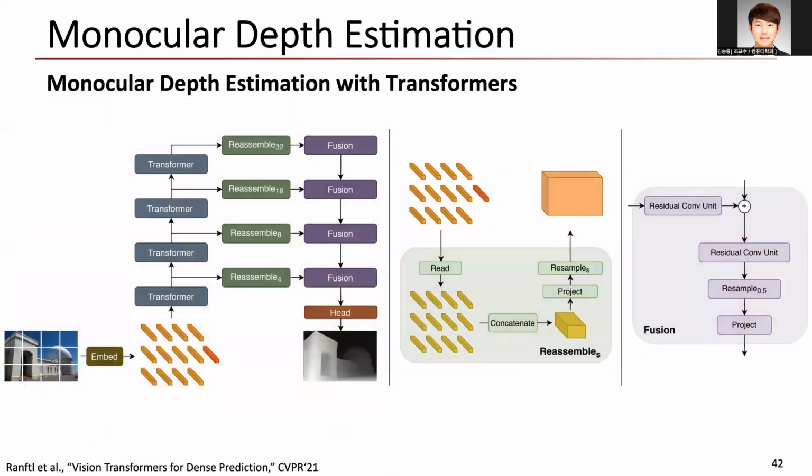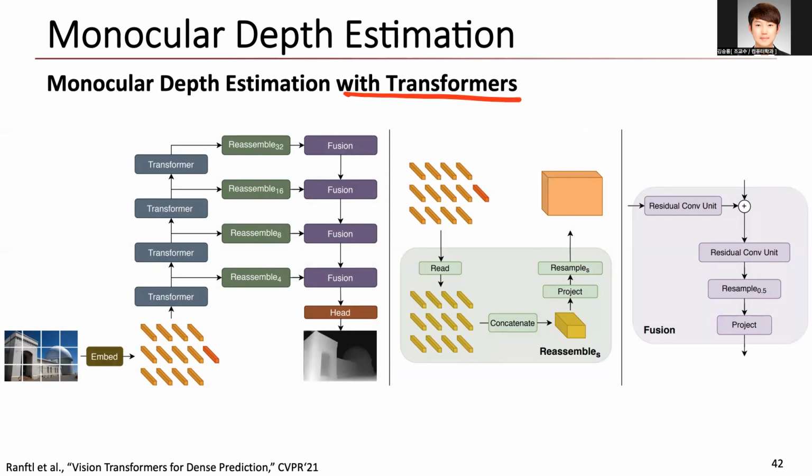One of the state-of-the-art methods for monocular depth estimation is formulated with a transformer, similar to other computer vision fields. This was published in ICCV 2021, Vision Transformers for Dense Prediction.